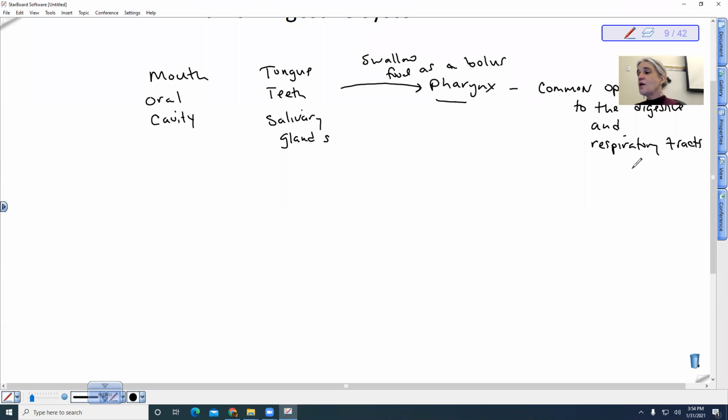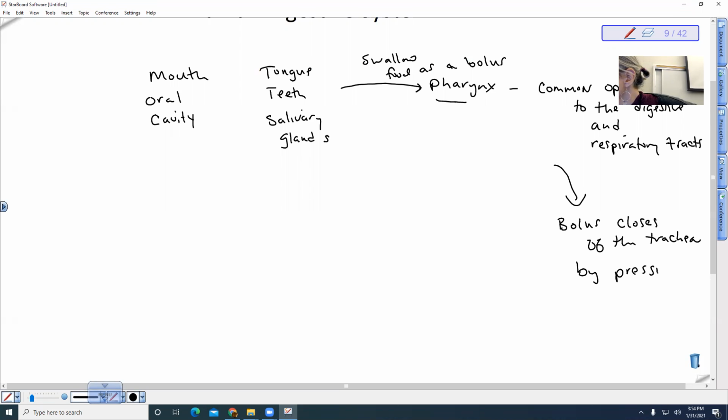Okay, so we have to close off. The bolus closes off the trachea by pressing down on the epiglottis.